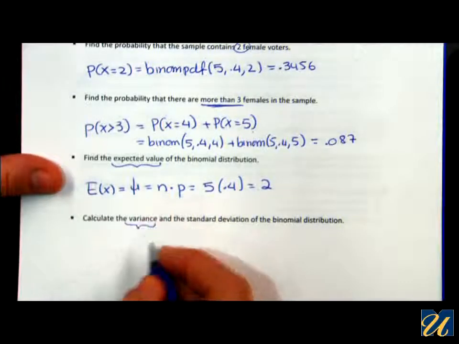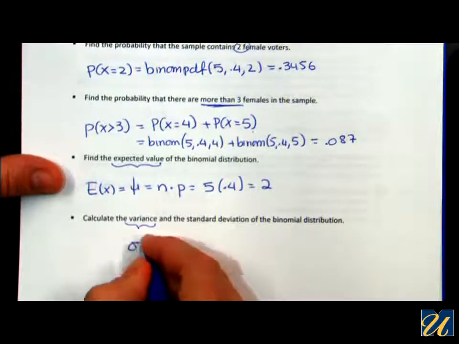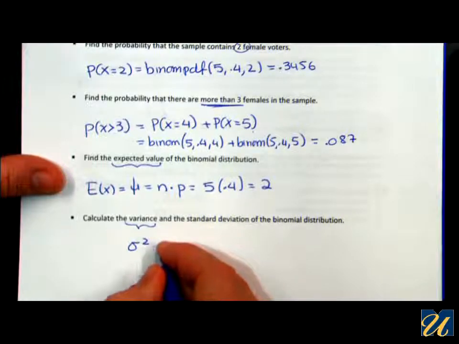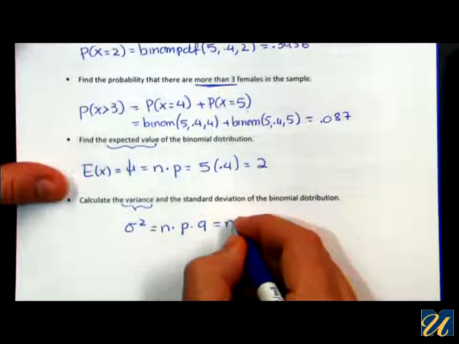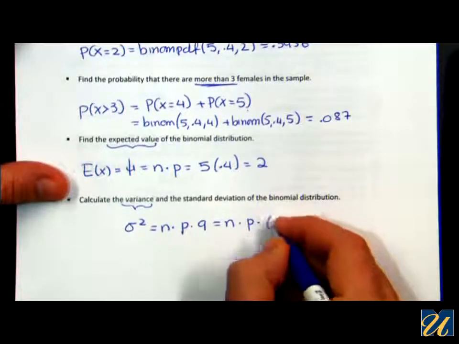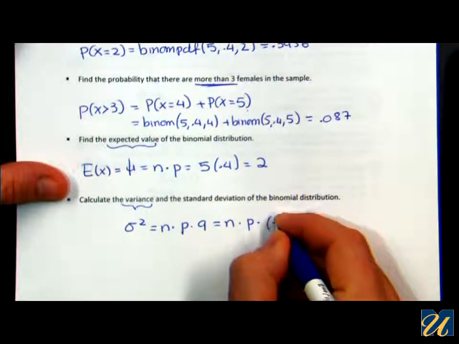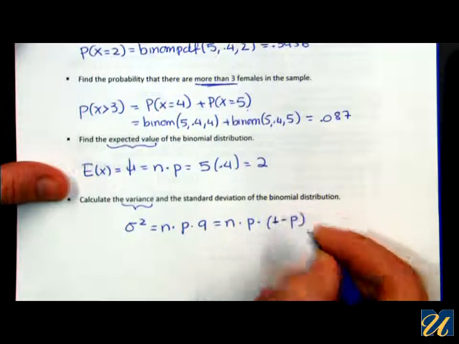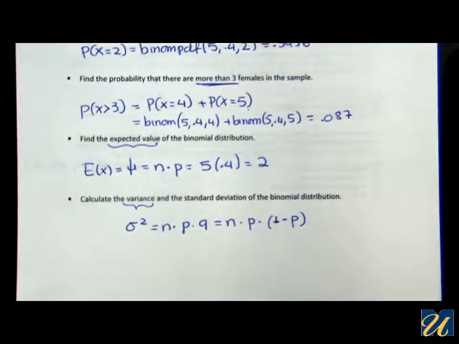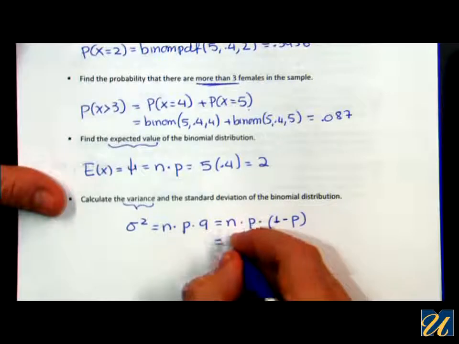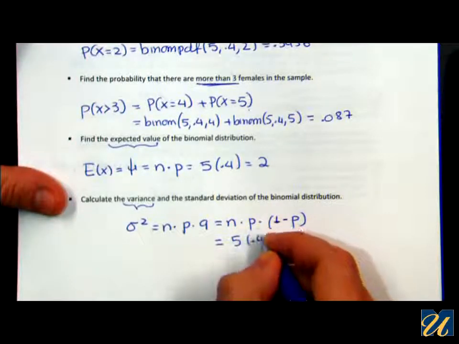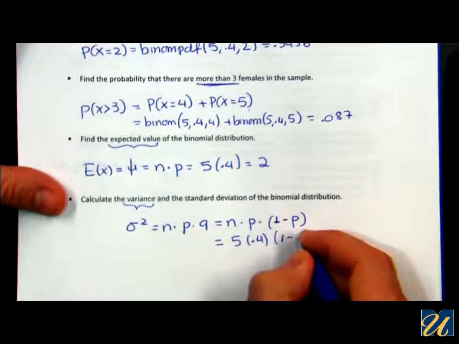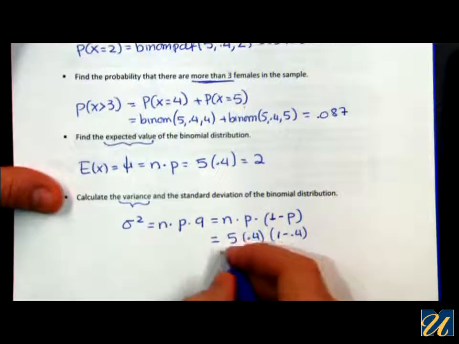Variance, this is your sigma square. This is equal to n times p times q, which means n times p times 1 minus p. This is what q is equal to. We have n to be 5 times 0.4 times 1 minus 0.4, which is 0.6.